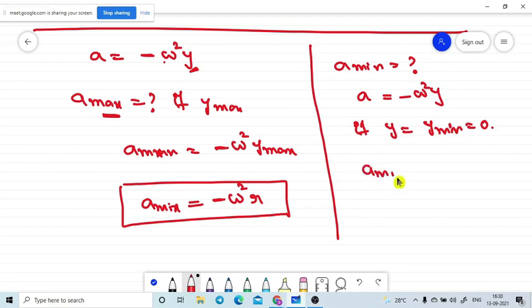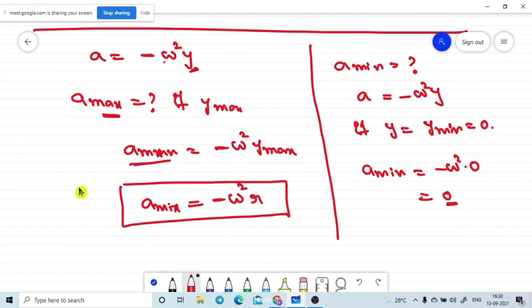A minimum is equal to minus omega square into 0, that is equal to 0. That means at the maximum displacement point, the particle has the maximum acceleration, and at the minimum displacement point, the particle has the minimum acceleration value.